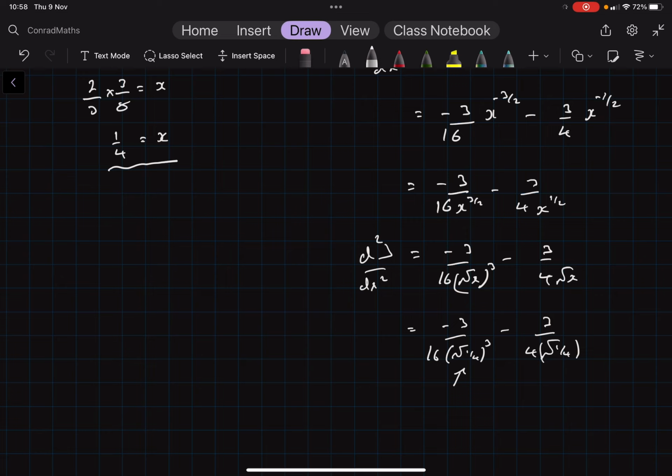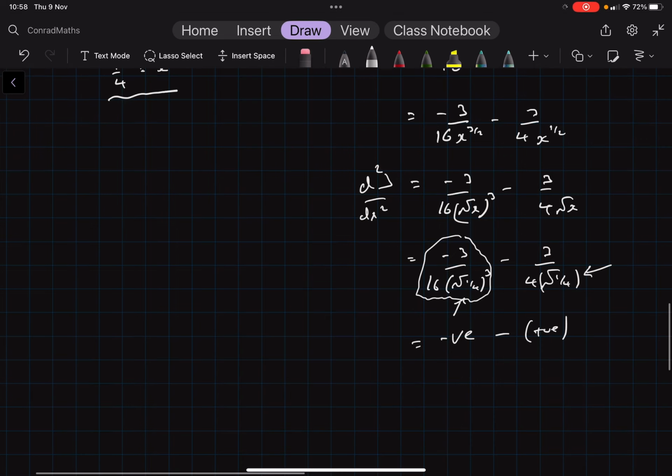A half cubed is going to be positive. 16 times that is positive, but it's negative 3, so the whole thing is negative. And we're going to take away, and since this is positive here, we're taking away a positive, so the final answer is negative, i.e. less than 0, therefore a maximum. Obviously in a test you probably have to put those values in, but that's what we had to do.